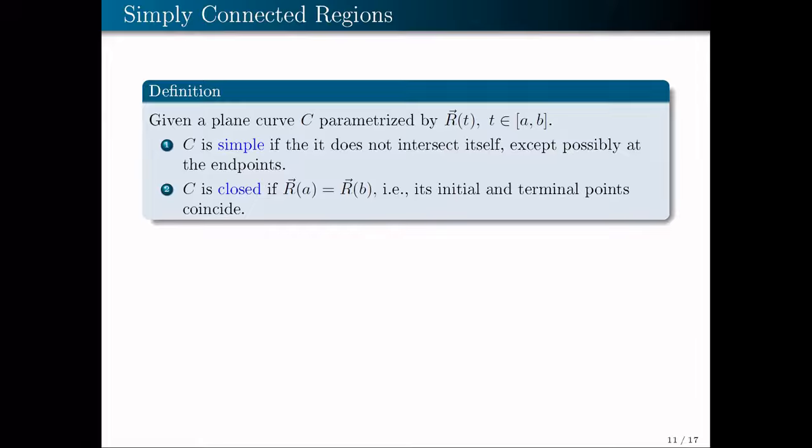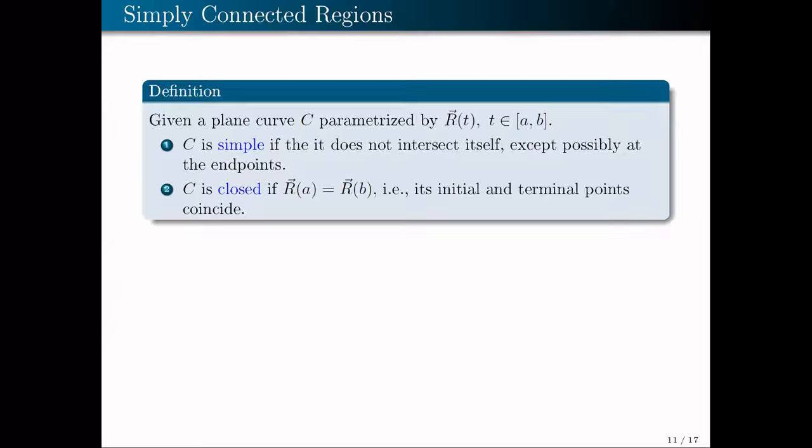Also, we say that C is closed if r of a equals r of b. In other words, the initial and terminal points of the plane curve C coincide. An example is a circle. In a circle, the initial and terminal points coincide, so the circle is closed. A circle is also simple since it doesn't intersect itself, except at the endpoints. We can see more visualizations for these terms in the next slide.